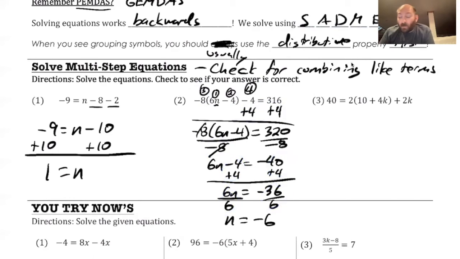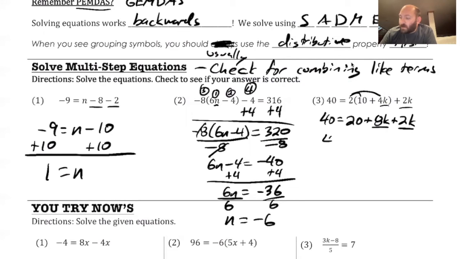For number 3, I can't do that. The reason why is because k exists twice. I've got k in multiple spots of my equation. So I have to do this check for combining like terms. I have to try to get 4k and 2k together, but 4k is inside the parentheses right now. So I have to distribute the 2 first. That's going to be 20 plus 8k plus 2k.